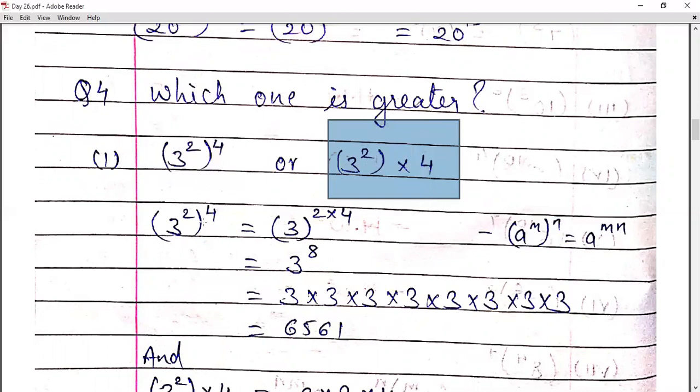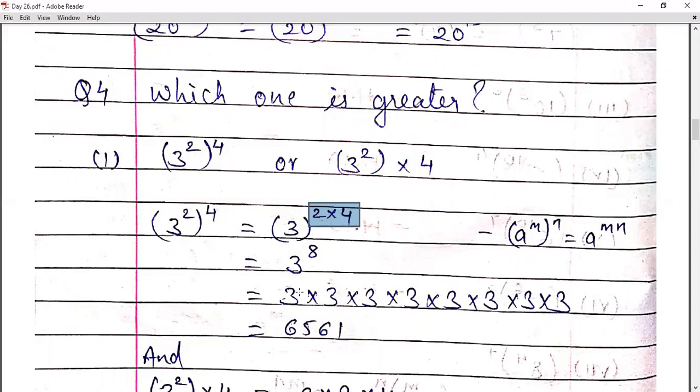So we'll find their values separately. Part 1 is (3^2)^4, or 3 raised to 2 multiplied by 4. Here in (3^2)^4, we will apply the law in which the powers will get multiplied. 3 raised to 2 into 4. 2 into 4 will become 8.